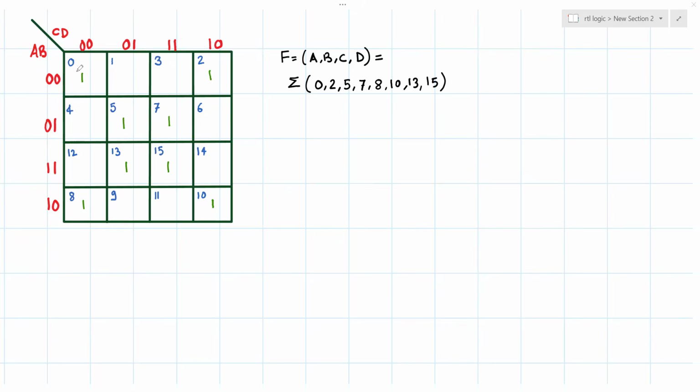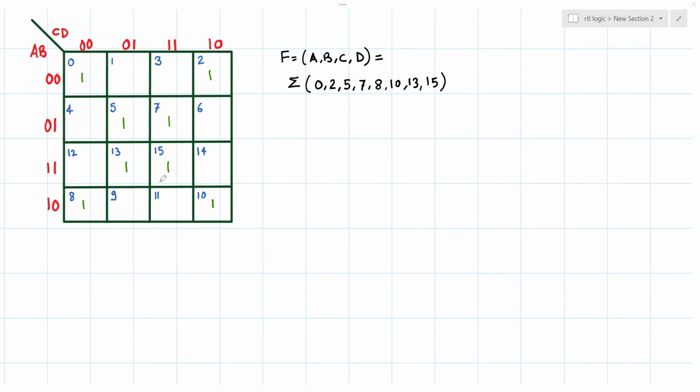Now let us see how the cells are numbered. This is cell 0, 1, 2, 3. Then comes 4, 5, 6, 7. Then you start from here 8, 9, 10, 11, 12, 13, 14, and then 15.